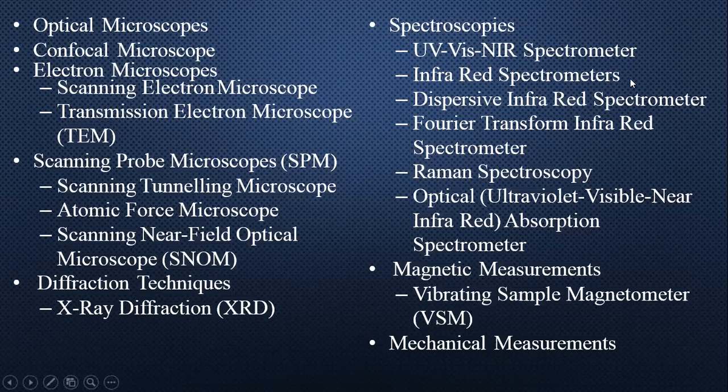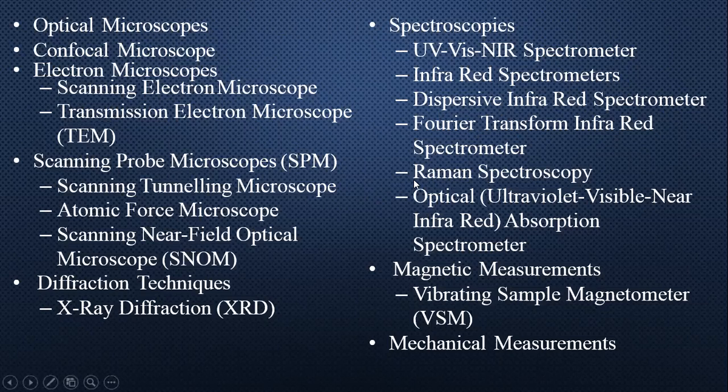Next is the infrared, that is IR spectroscopy. Next is dispersive infrared spectrometer. Next is the Fourier transform infrared spectrometer, also called as FTIR spectrometer.